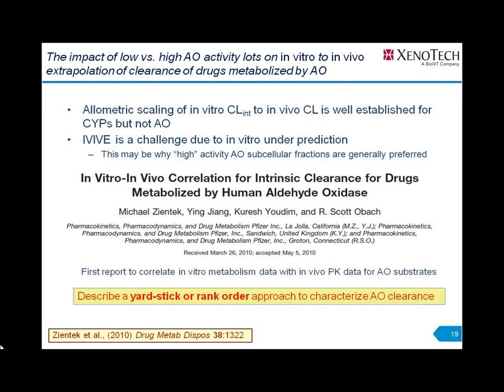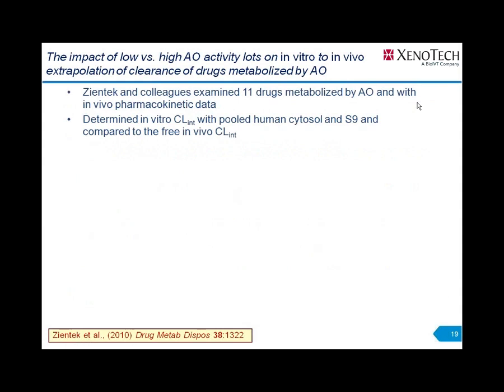So this was a paper by Mike Zientek with Scott Obach as a senior author. And they described a yardstick or rank order approach to essentially benchmark a new chemical entity with respect to existing aldehyde oxidase substrates in order to gauge the level of clearance for a particular new chemical entity. And I'll get into a little bit about how they did this approach.